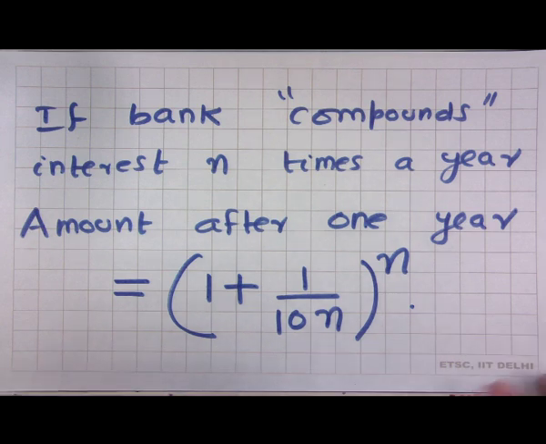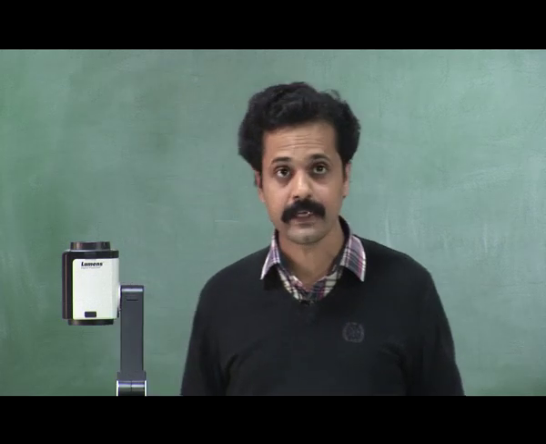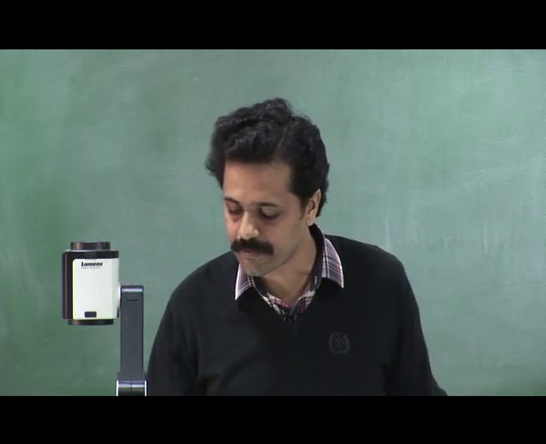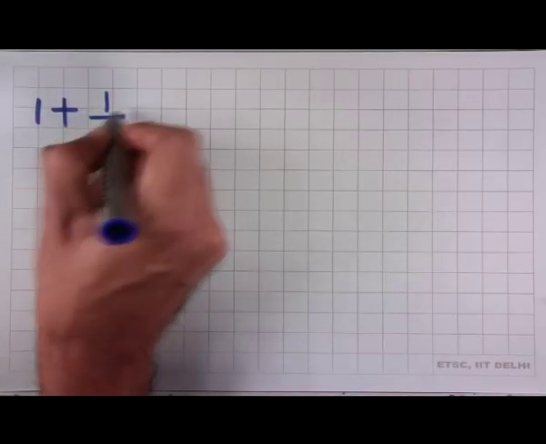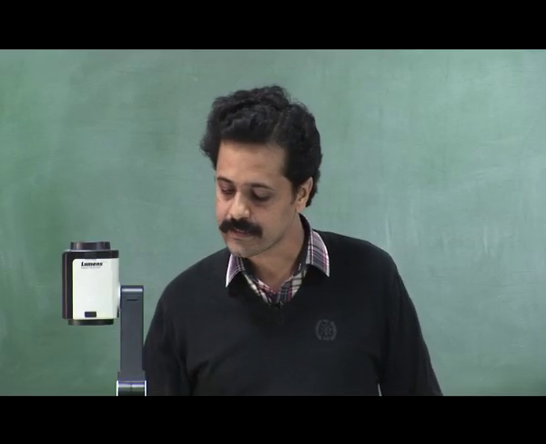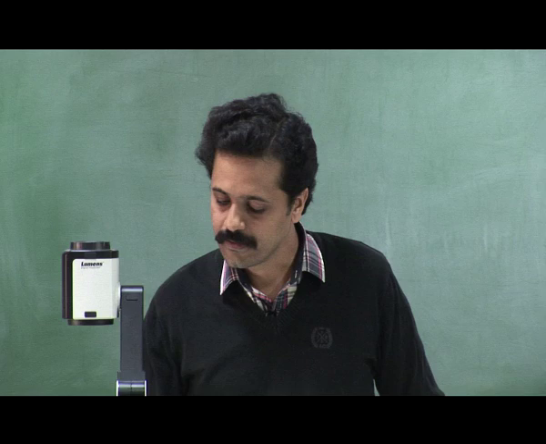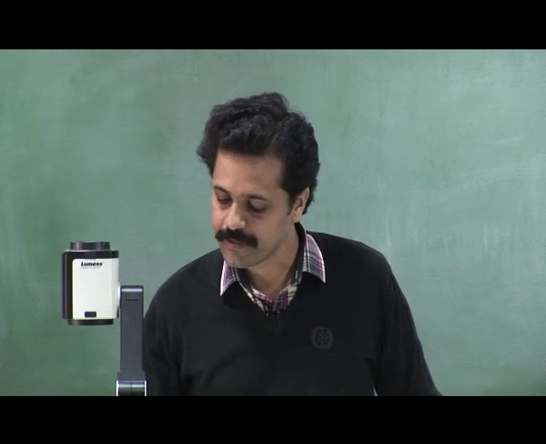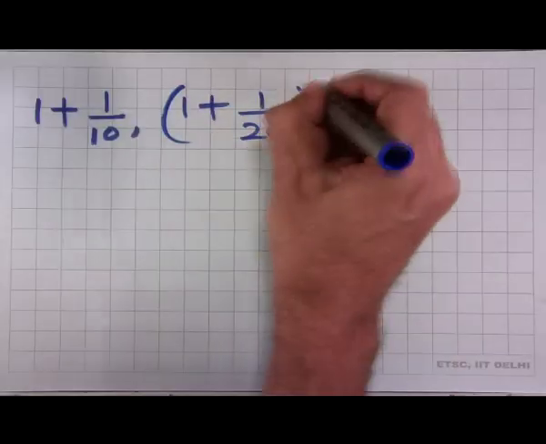Now, if we list the amount we obtain if the bank calculates simple interest, it will be 1 plus 1 by 10. Amount obtained if the bank compounds interest half yearly will be 1 plus 1 by 20 the whole square.